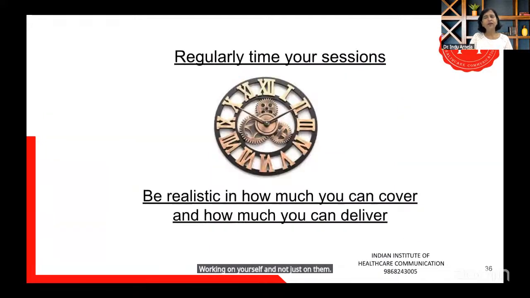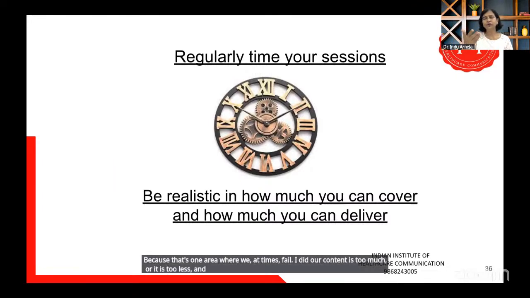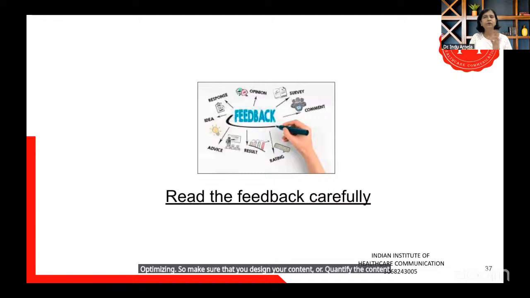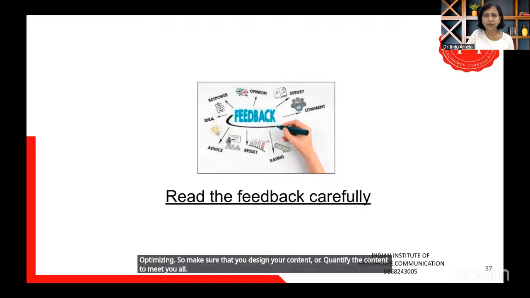And then, as I said, regularly time your session because that's one area where we at times fail. Either our content is too much or it is too less, and then you are not able to optimize it. So make sure that you design your content or quantify the content to meet your time requirement.